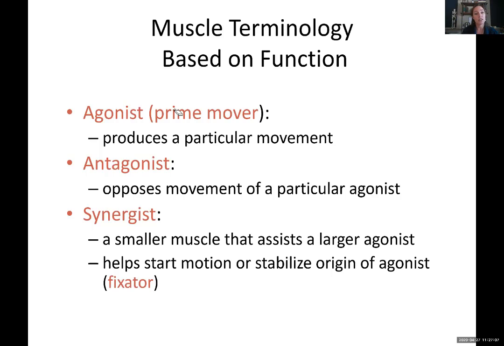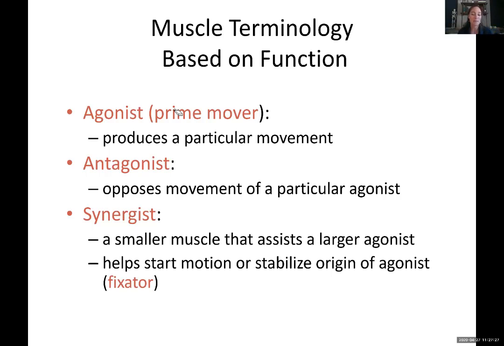But if we change the movement to extending the arm out, making the arm go straight, in that motion the agonist would be the triceps, because that's its job, to pull it out. And the antagonist would be the biceps brachii.